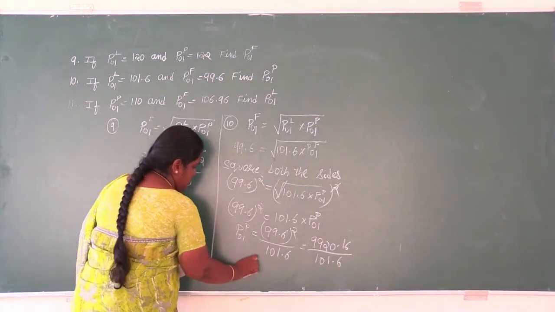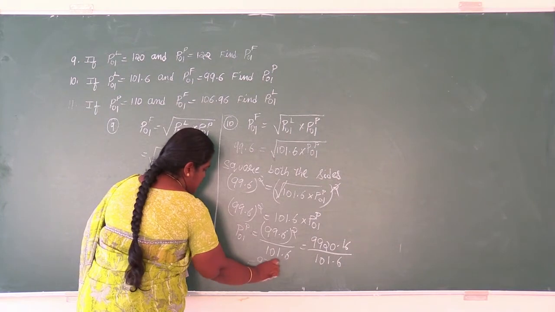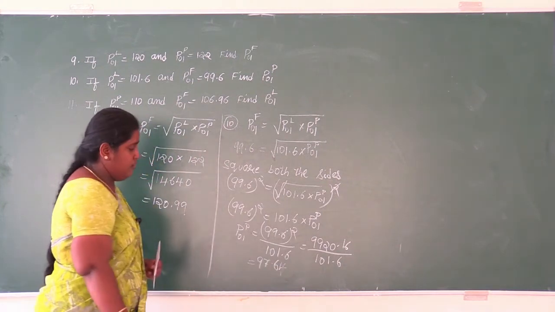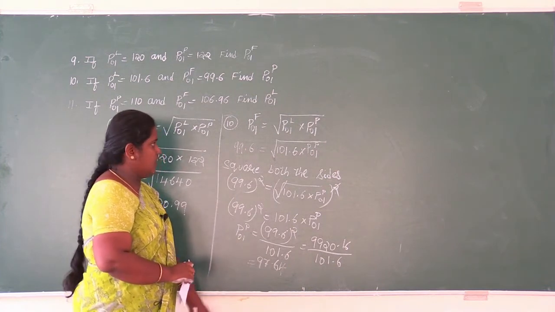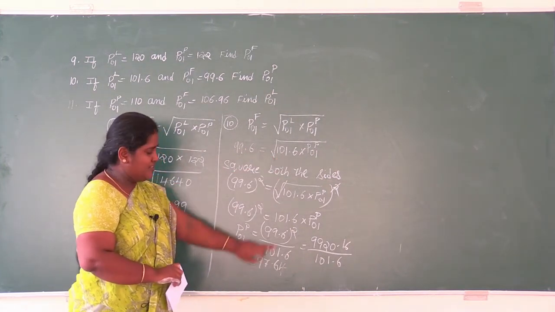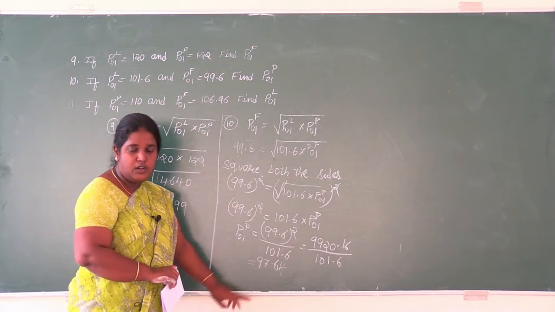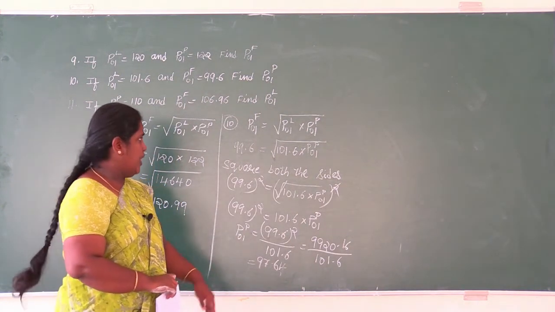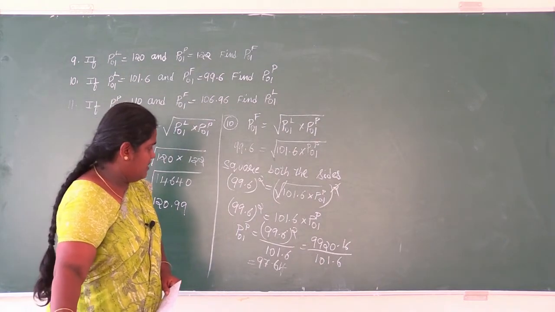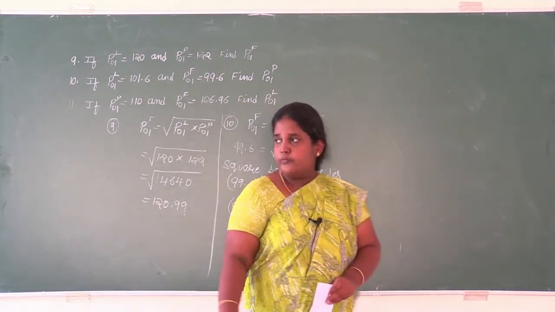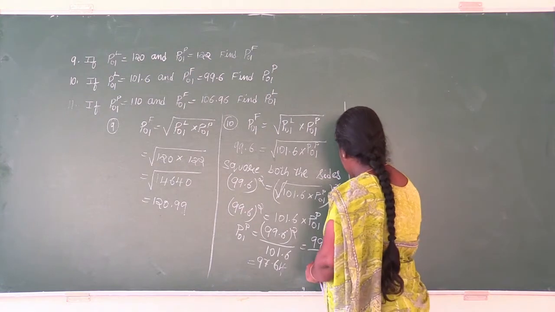The answer is 97.64. So if you want to verify whether we are getting the same answer, you can check: multiply 101.6 and 97.64, take out the square root, we have to get 99.6. Then your answer will be correct. So you can cross verify it like that.